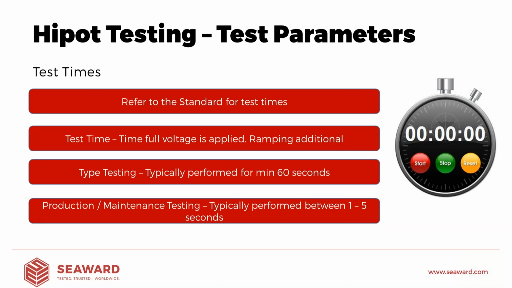It's normally performed between 1 to 5 seconds. So it's a much quicker test because of the strains of production line testing, the high volume of products coming through. There's no need typically for a 60-second test per product. But always refer to your standard if you're in any doubt as to what time you should be performing the test.